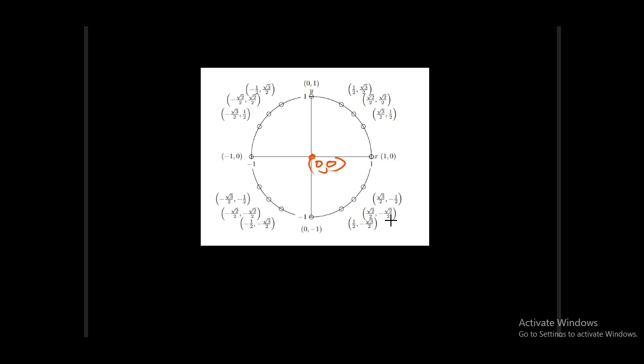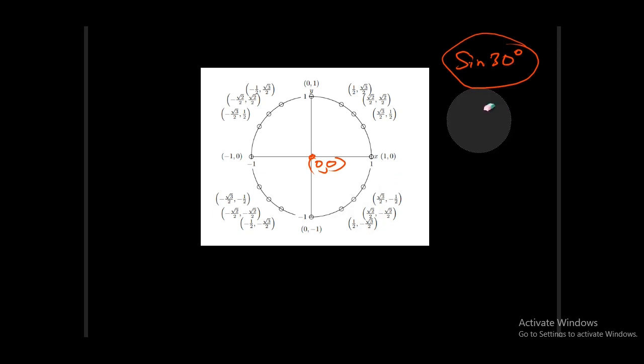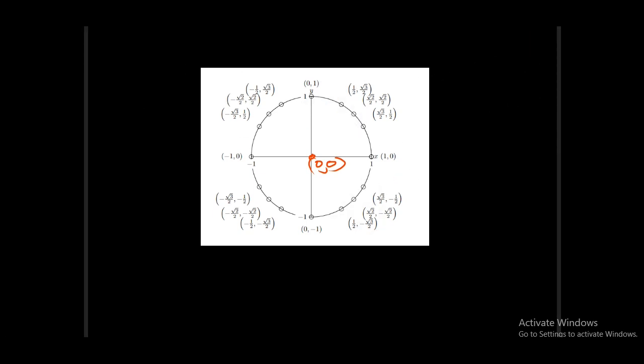The unit circle is used to quickly find values such as sine of 30 degrees. So you can come here directly to the unit circle and find what this is. This is how you'd use this circle to find this value or any other value on the unit circle.